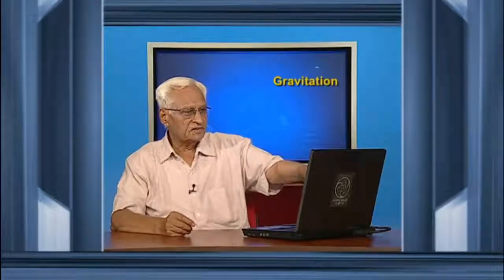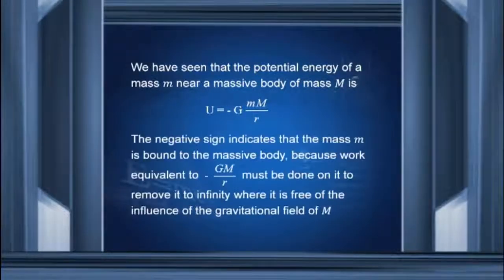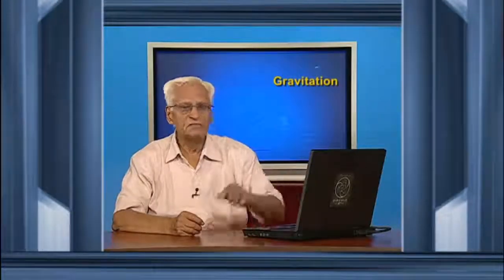So, we have seen that the potential energy of a mass m near a massive body of mass M is this. The negative sign indicates that mass m is bound to the massive body. Why is it bound?